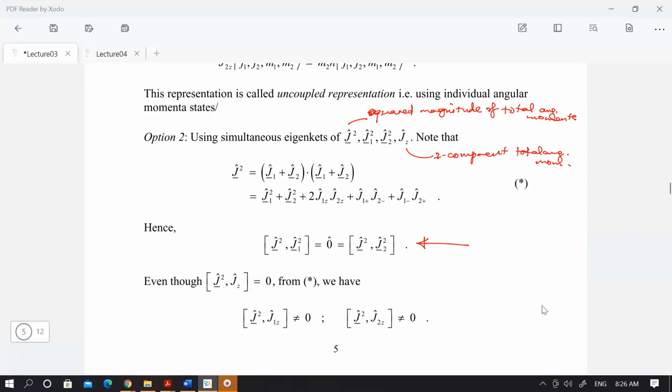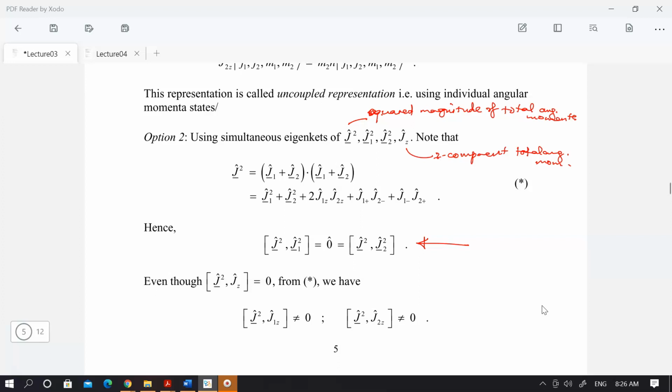Now, why is that? It is the fact that if we look at J squared, how you form the operators. These are coming from your J1 plus J2 dotted with J1 plus J2. And remember, these are essentially tensor product operators.